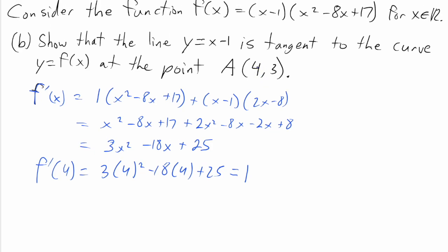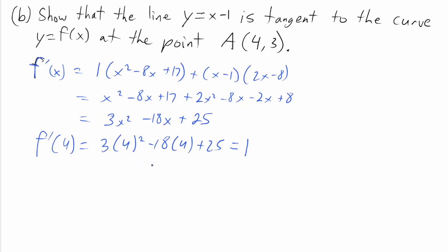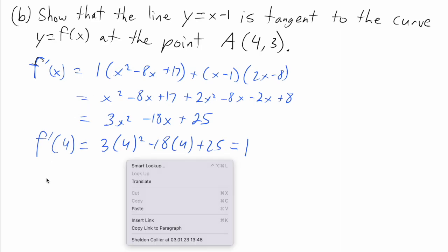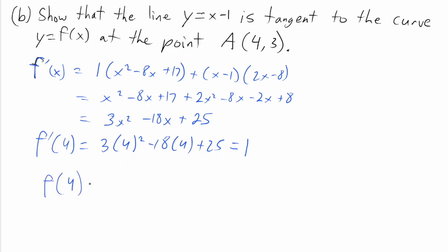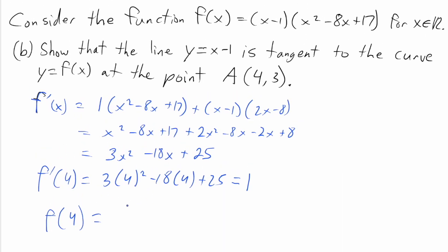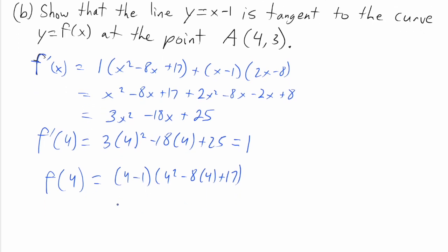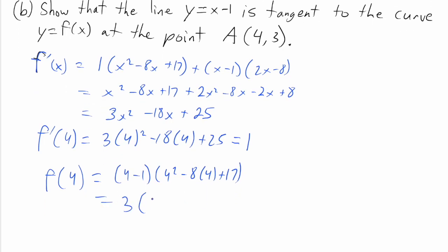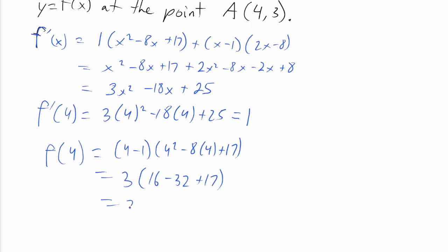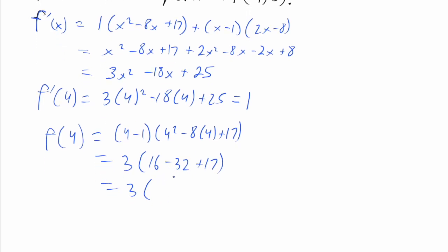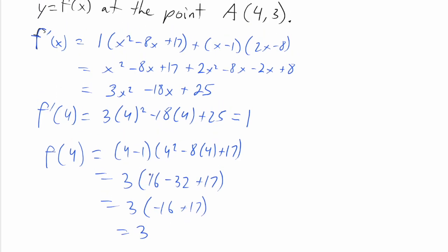Alright, let's just plug in 4 and get the y value. So f of 4 equals 4 minus 1 times 4 squared minus 8 times 4 plus 17, which equals 3 times 16 minus 32 plus 17, which is 3 times negative 16 plus 17, which is just 3.